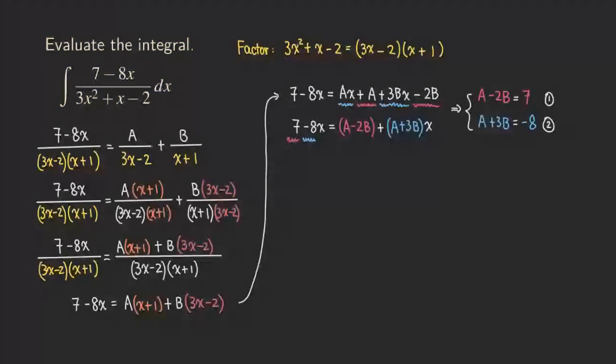You all know how to solve a system of two linear equations with two unknowns, right? So what we can do is use equation 2 minus equation 1. So you do that, equation 2 minus equation 1, then you are going to get a minus a, we get 0. 3b minus negative 2b, so we are going to get 5b, right?